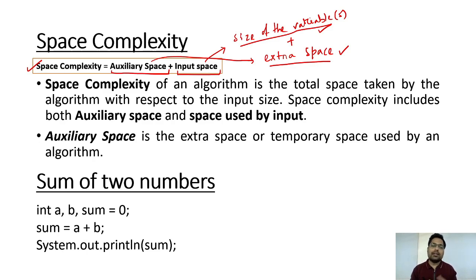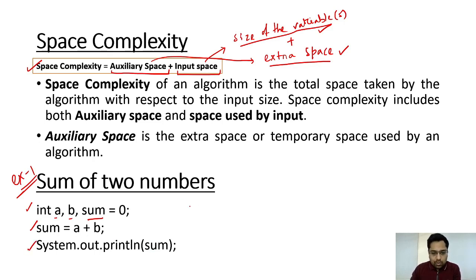Suppose, as per this example one, the sum of two numbers: you take two different variables through which you are adding, and another variable which is sum. All are integer type: integer a, b, and integer sum. There are three variables. Then sum keeps all the data related to the addition. Next it will print this sum.